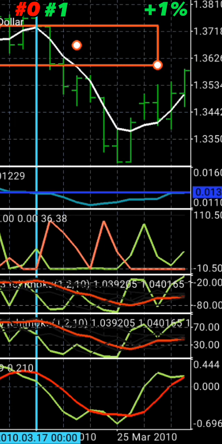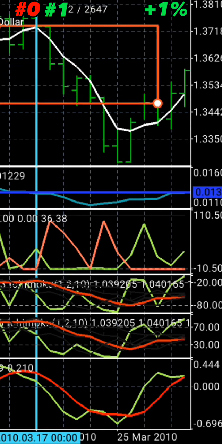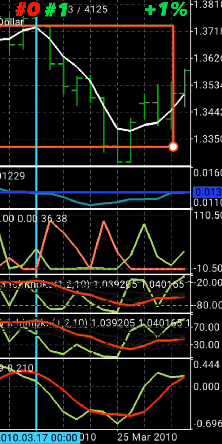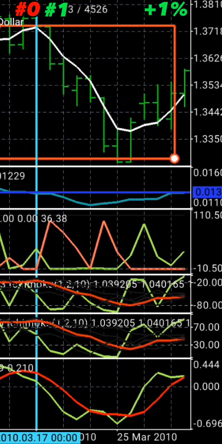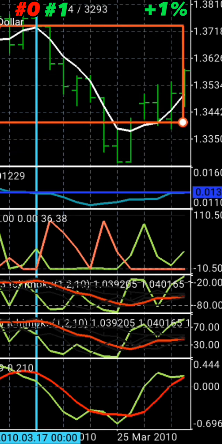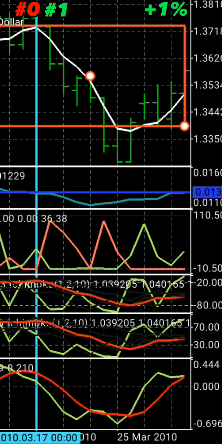So we have made 1% if we entered short at that aqua line, vertical line entry. So that's our first trade. We love the first profit, giving us 1%. Now let's see. Our second profit should give us, okay.